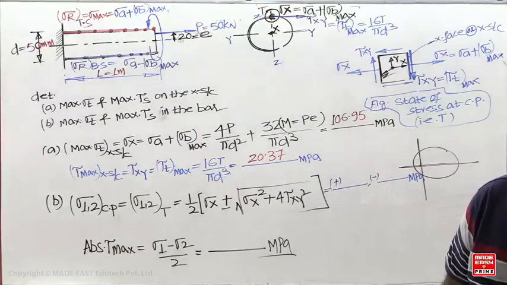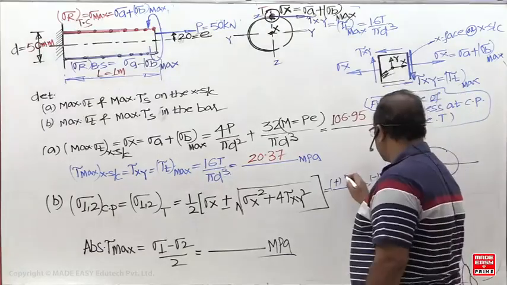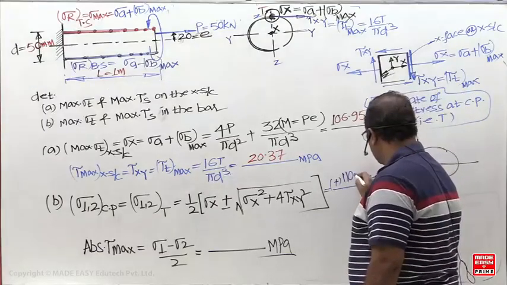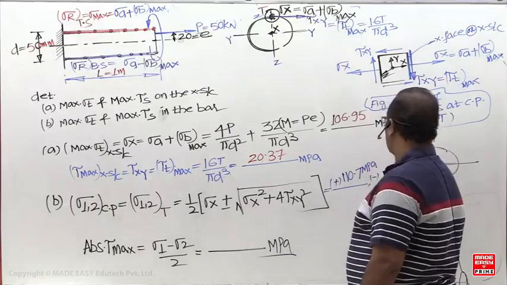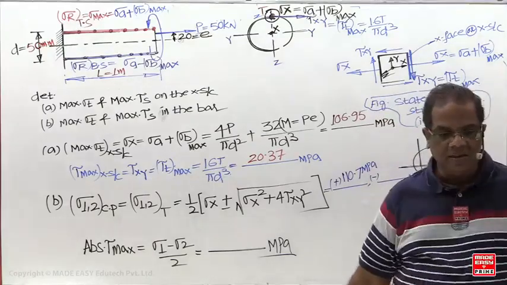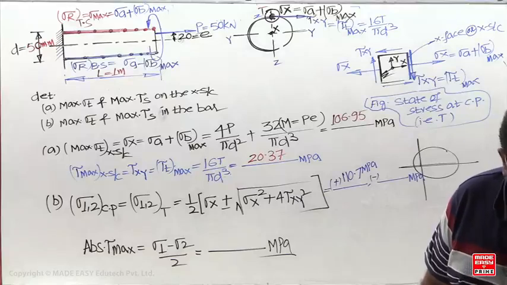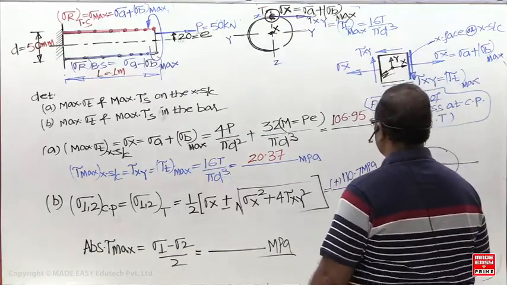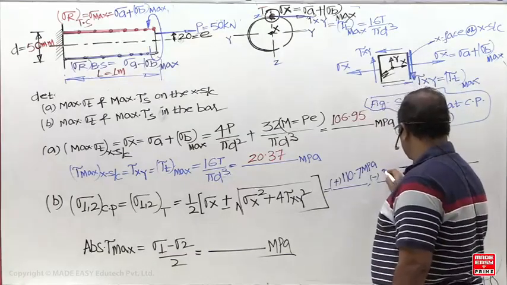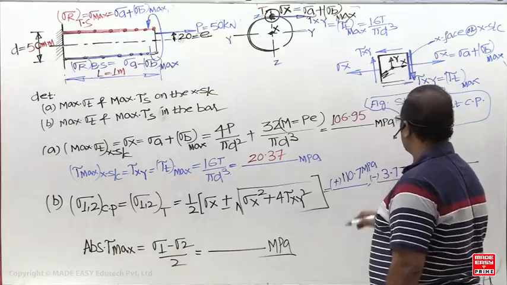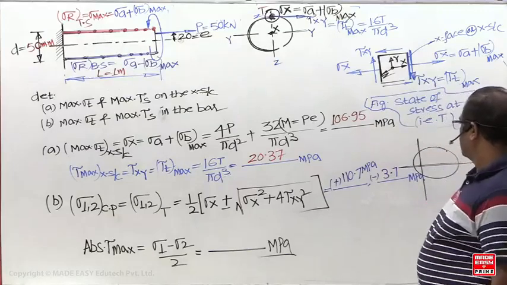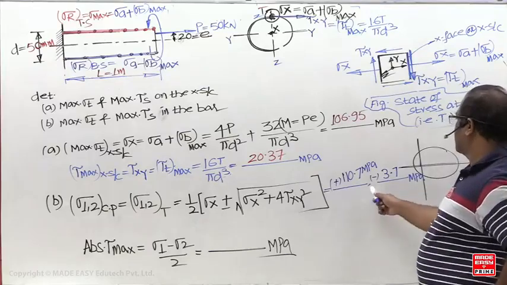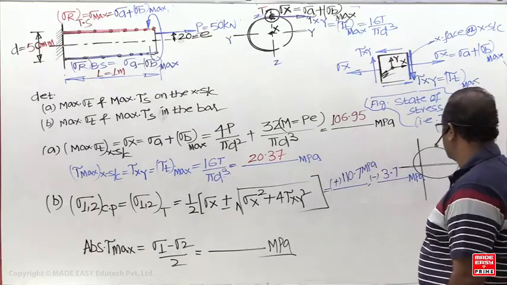Sigma 1 is 110.7, positive, and this is 3.7. Summation you should get 106.95.